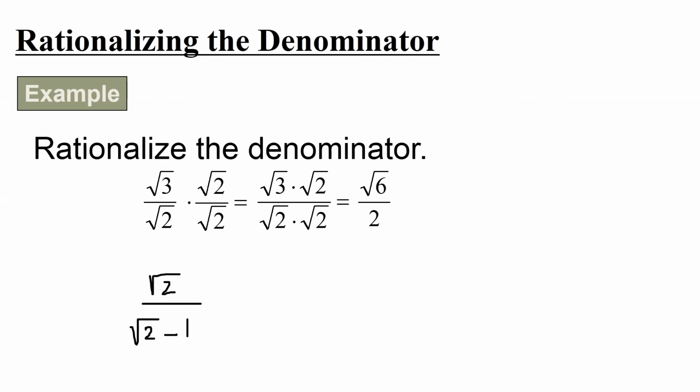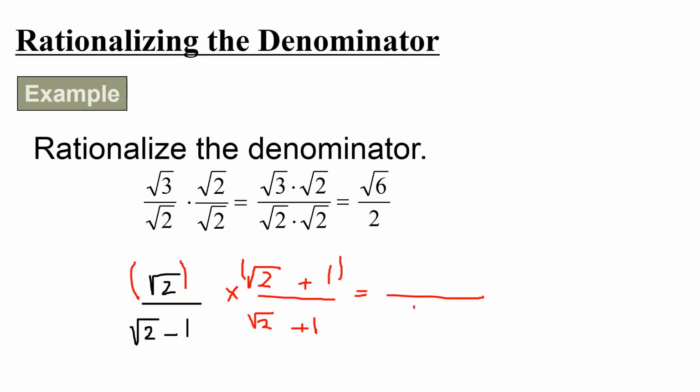If you still remember, we multiply by something called the conjugate. The conjugate of radical 2 minus 1 is radical 2 plus 1. I multiply both the numerator and the denominator by this conjugate, and then I solve, multiplying the radical 2 by both of them.